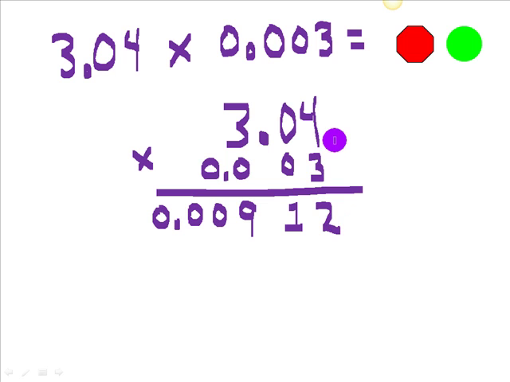And if you think about this, how much sense does that make? I'm multiplying 3 times, the way you would say this is 3 thousandths. Well, 3 times 3 thousandths should be around 9 thousandths, and this is 9 thousandths. So the answer that I got is probably correct.